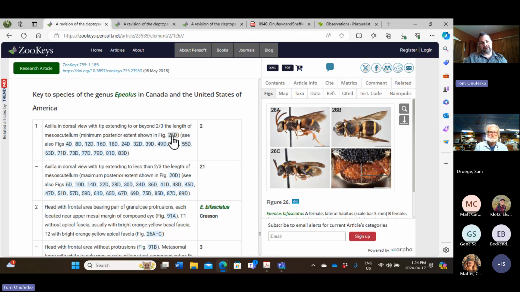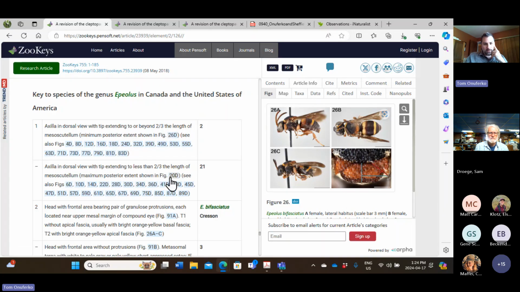There's only one species I found that has to be keyed in both places. That's Epeolus lectus. Regardless of which of those steps you take, you can still get to that species. But for the other ones, it's quite invariable.